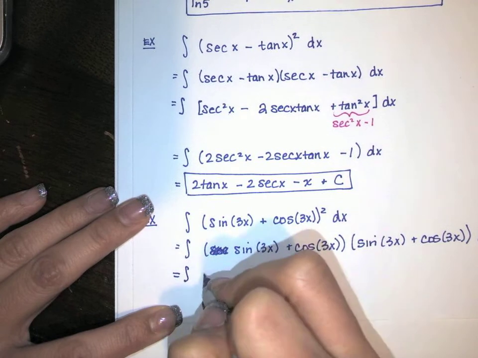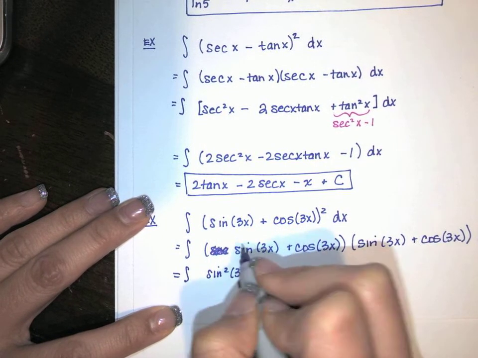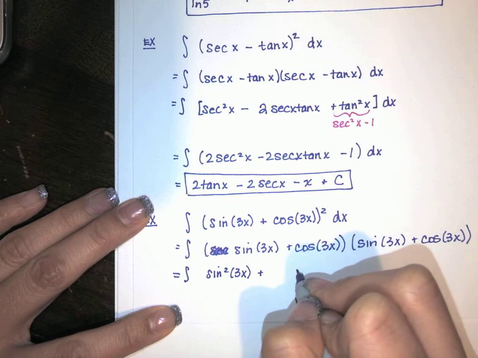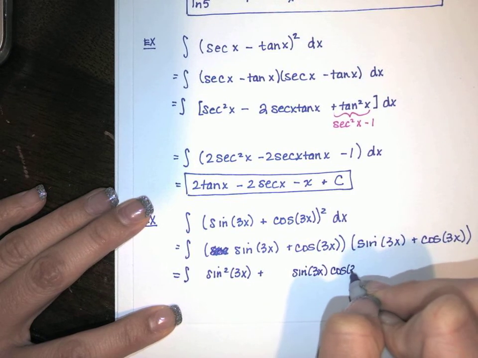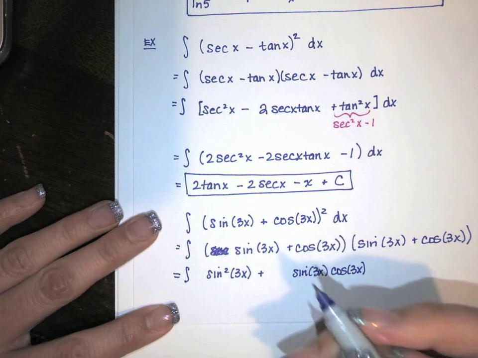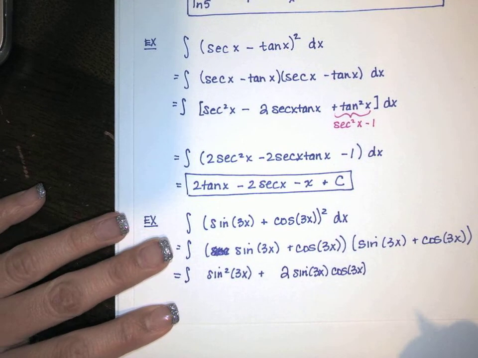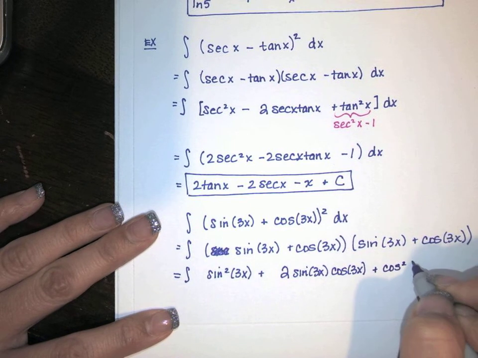First times first is sine squared, angle stays the same. Outer times outer is sine of 3x times cosine of 3x. Inner times inner is the same, so I've got 2 of those. Last times last is cosine squared of 3x.